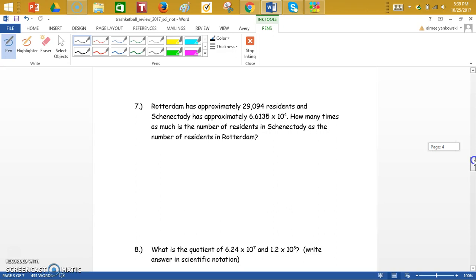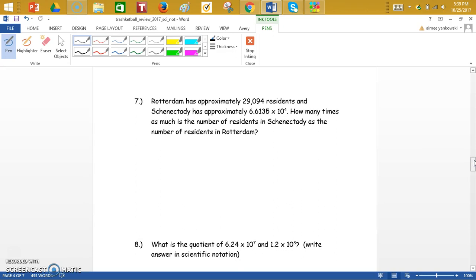Rotterdam has approximately 29,094 residents, and Schenectady has approximately 6.6135 times 10 to the 4th residents. How many times as much is the number of residents in Schenectady as the number of residents in Rotterdam?